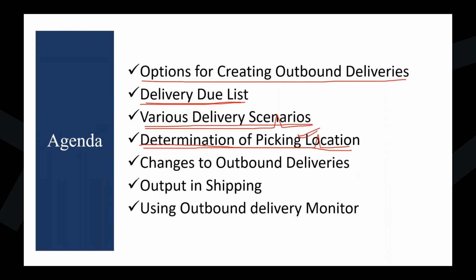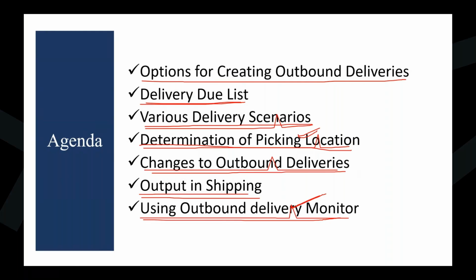Changes to outbound deliveries: different methods we'll see. Output in shipping: how the outbound delivery is printed. And using the outbound delivery monitor: what it is and what its use is.